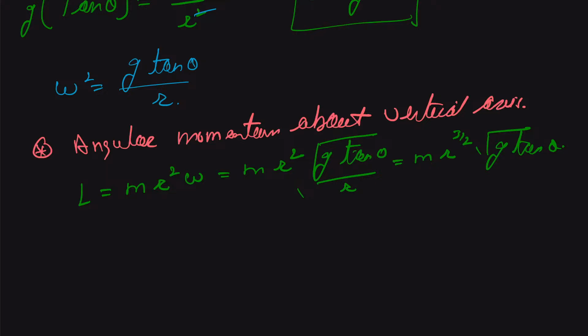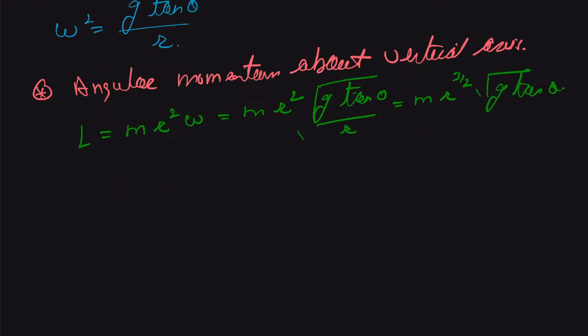And so if we square both sides, we get L square equal to m square, and we have r cube, and this comes as g tan of theta, and tangent of theta is nothing but r upon h. So we substitute it, we get m square r cube times g multiplied by r upon h.